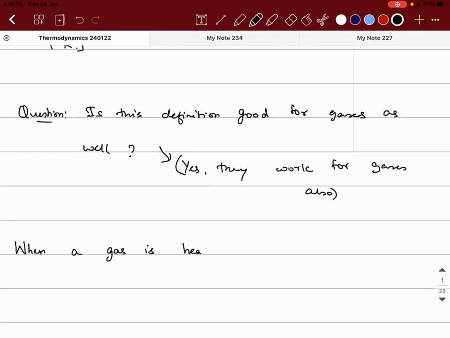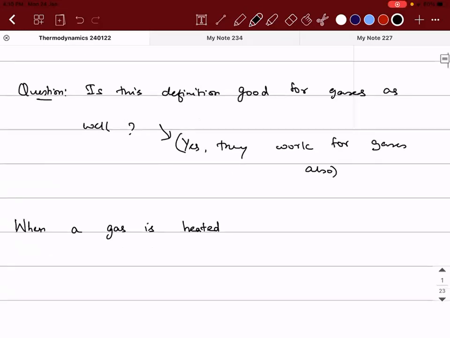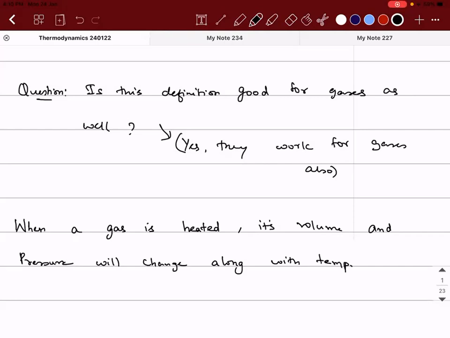When you heat a gas, its volume and pressure will change along with temperature. We know one thing, that as soon as you supply heat to a particular gas, along with the change in temperature, there are two other parameters which are going to get affected. Volume will change and pressure can also change.